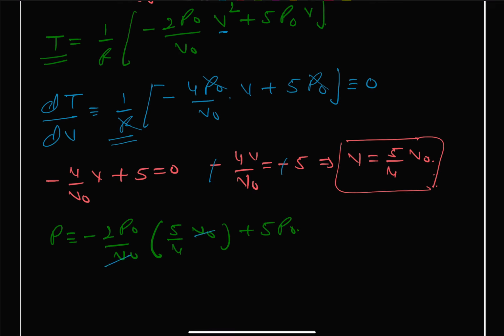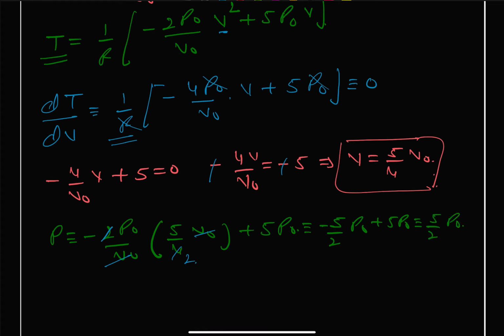V naught and V naught cancel out and this goes by 2. So we are left with 5 by 2 P naught minus 5 by 2 P naught plus 5 P naught, and this gives us 5 by 2 times P naught.